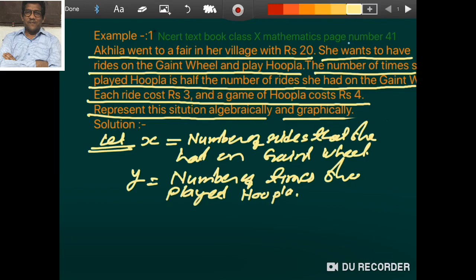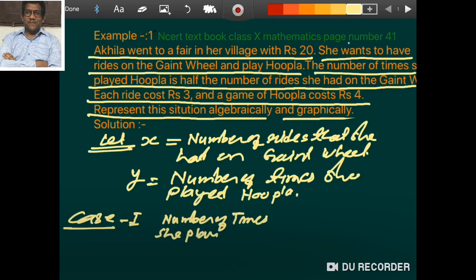So according to the question, case 1: the number of times she played hoopla is equal to half the number of rides.